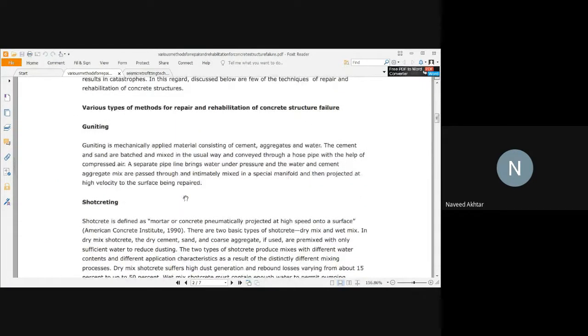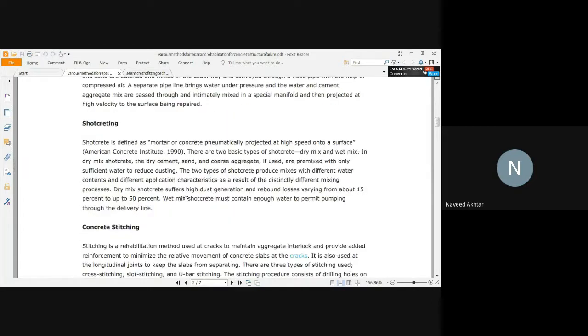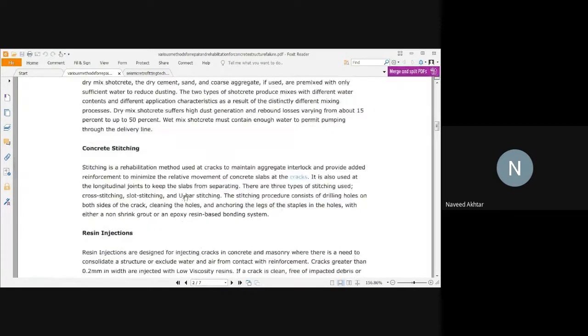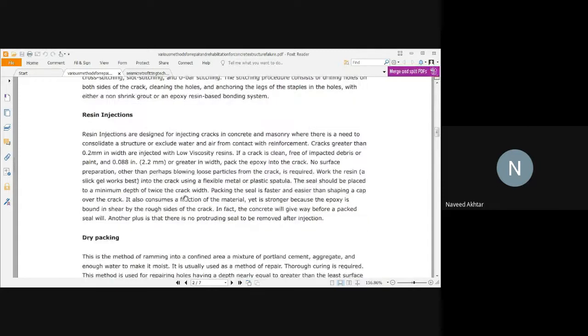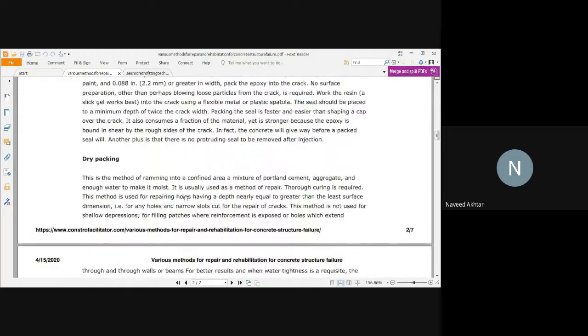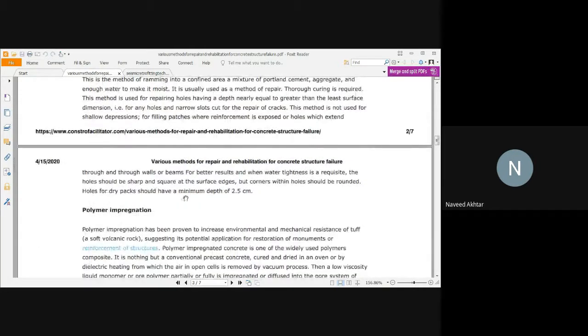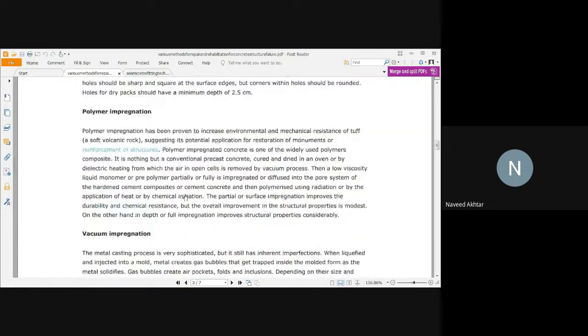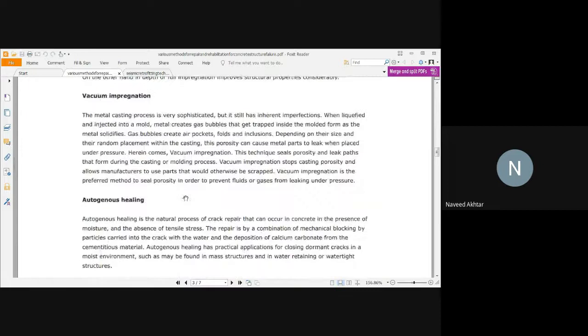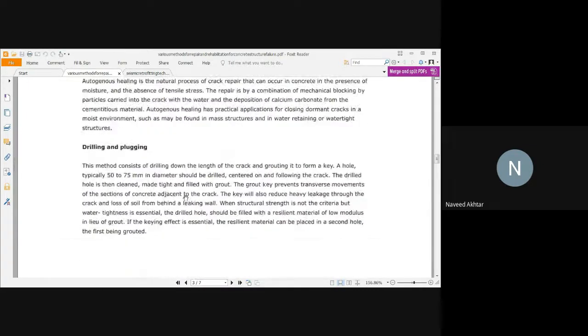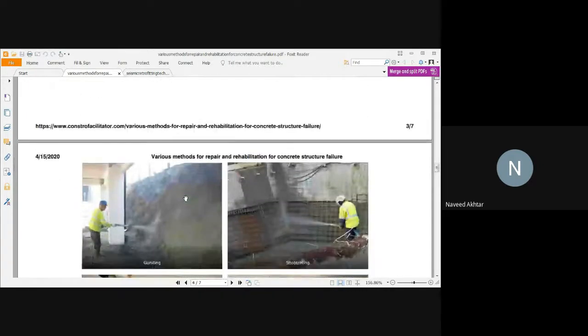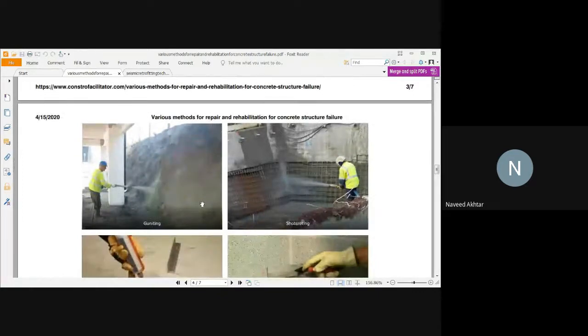We have seen repair methods like gunniting, shotcreting, concrete stitching, resin injections in the cracks, dry packing, polymer impregnation, vacuum impregnation, autogenous healing, drilling and plugging, etc. These are the many techniques we already have for repairing the structure.